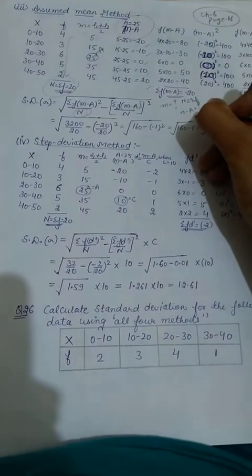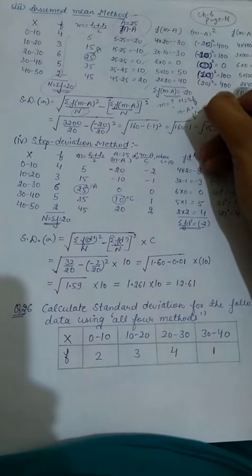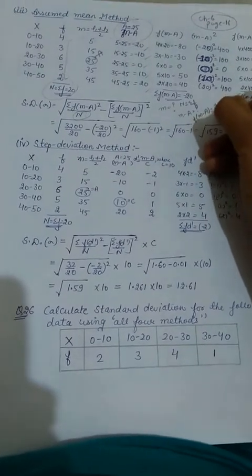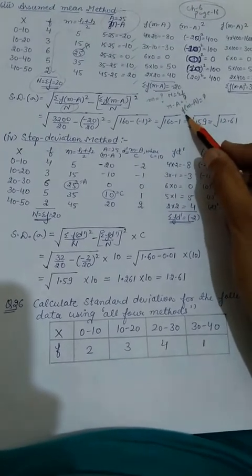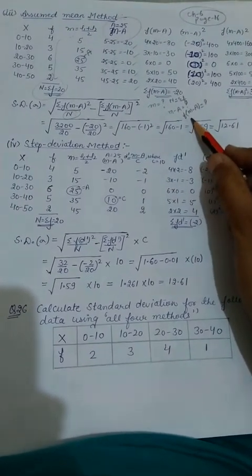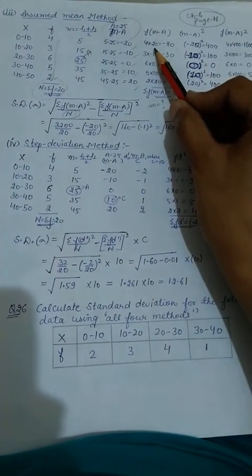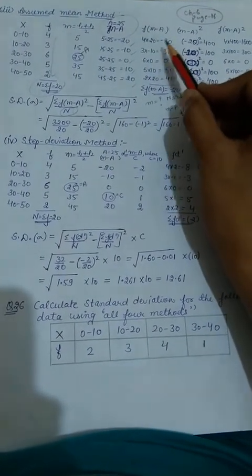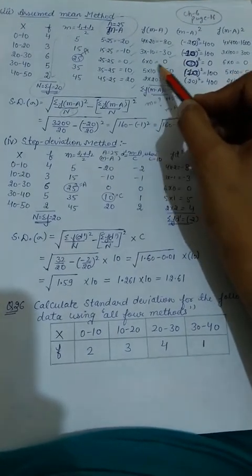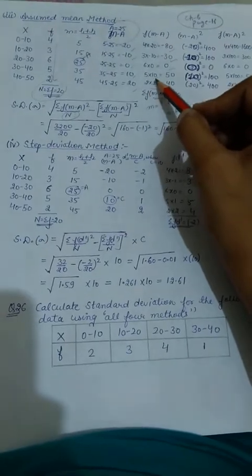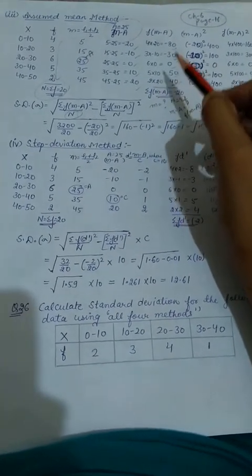Now the next you need is f into m minus a. This means the product of f and m minus a values. So your f is 4, m minus a is minus 20, you will get minus 80. 3 into minus 10 you will get minus 30. 6 into 0 you will get 0. 5 into 10 you will get 50. 2 into 20 you will get 40.